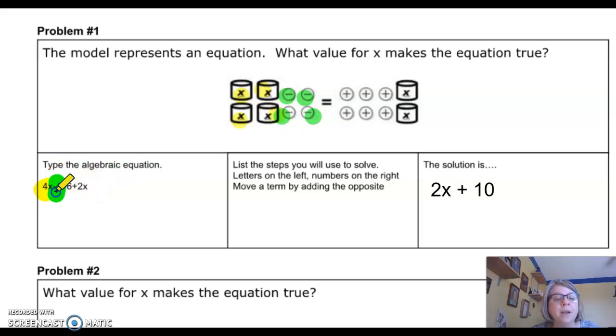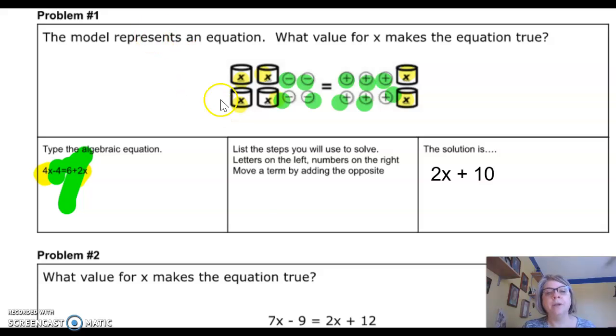That's my minus 4 right there. And then I have 6, 1, 2, 3, 4, 5, 6. So that's how I got the 6. Sorry about my writing, it's terrible. And then there's my 2 x's. So this is a 2x right there. So my algebraic equation is 4x minus 4 equals 6 plus 2x.